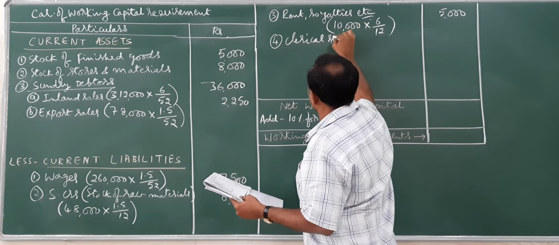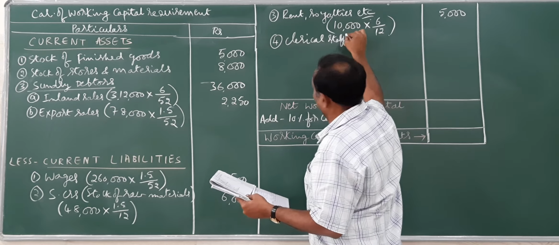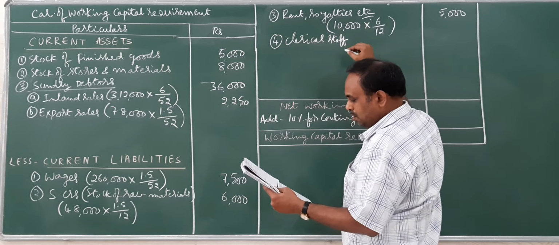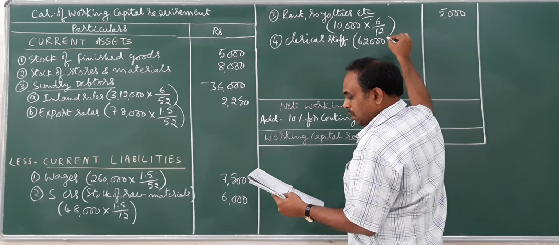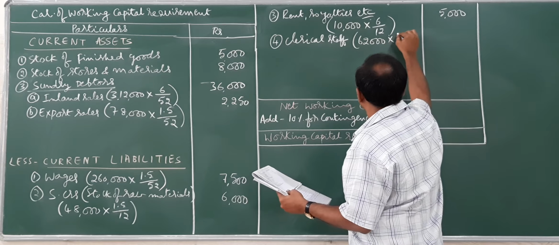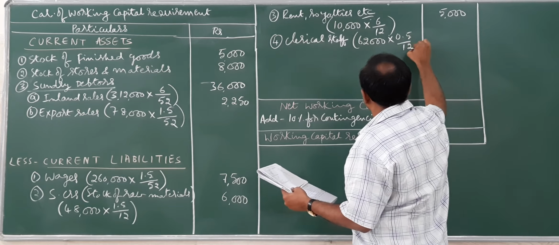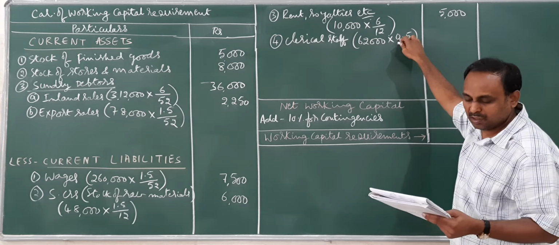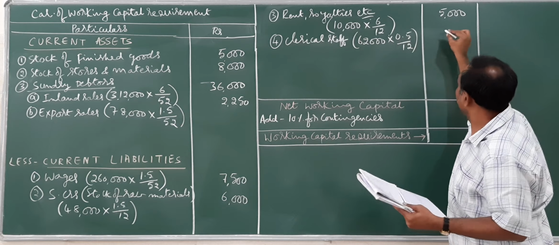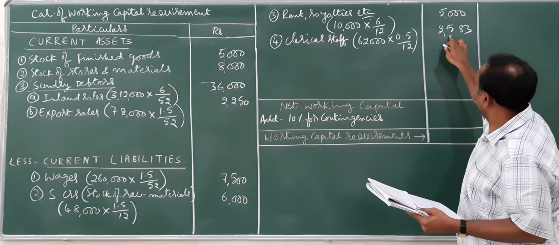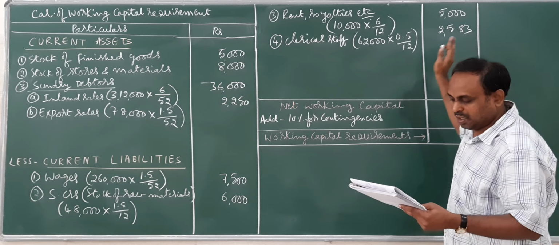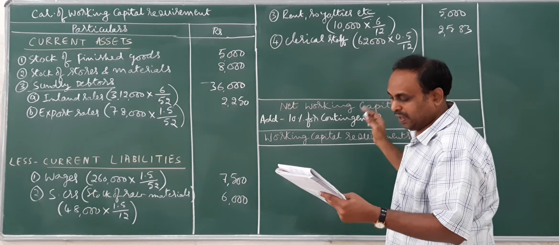It is also a current liability because it is like a salary. You have it as 62,000 and half a month. So 1.5 divided by 52 gives 2583.33, which I have taken as 2583.